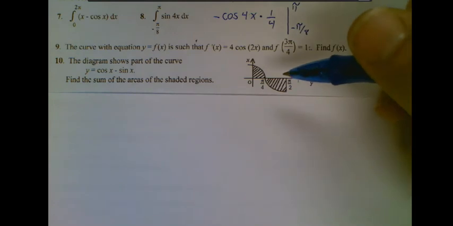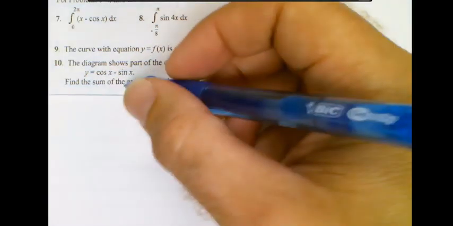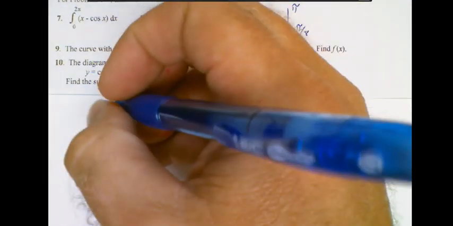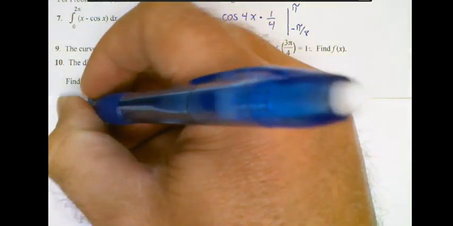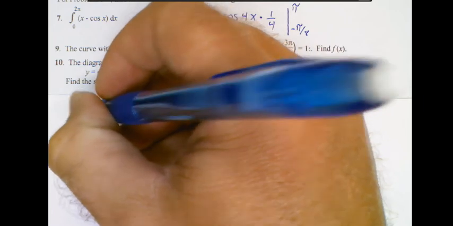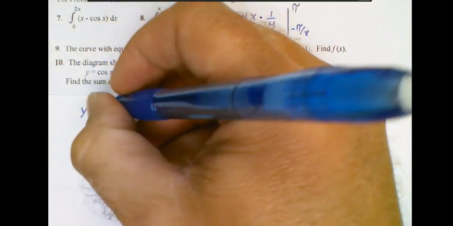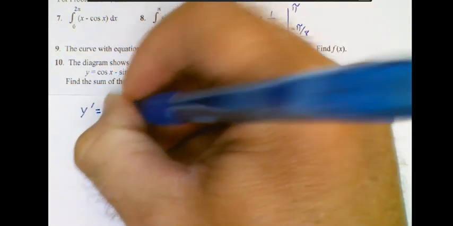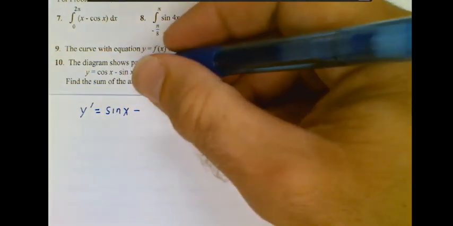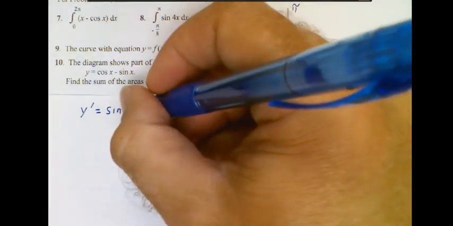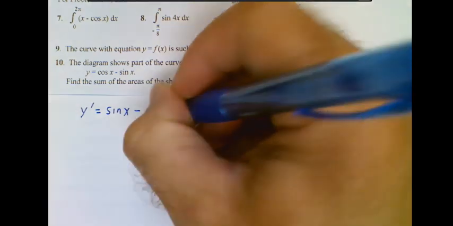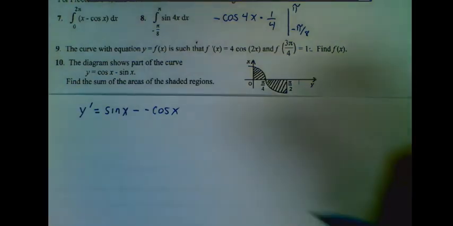So keep that in mind, but going down the list here, if we integrate our function on this, the integral of cosine is sine, and the integral of sine would be negative cosine. So we got that double negative right there.